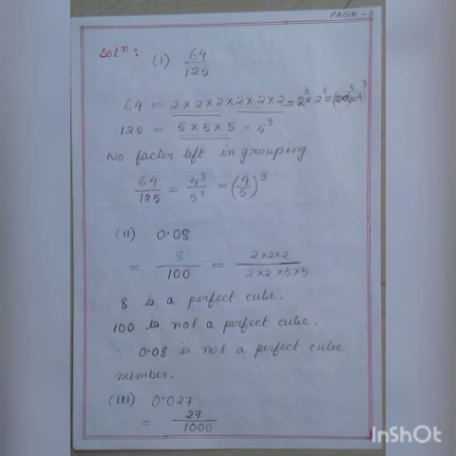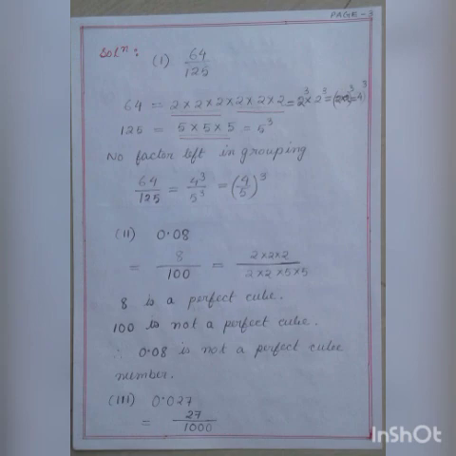So there is no factor left in grouping. Therefore 64 by 125 is equal to 4 cube by 5 cube, equal to (4 by 5) whole cube. Therefore 64 by 125 is a perfect cube rational number.